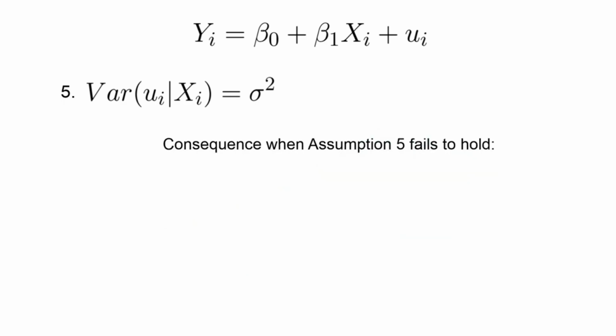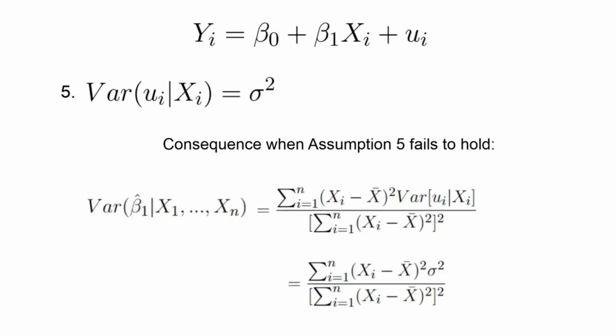Okay, so then let's go over the consequence when this assumption fails to hold. Well, let's first pull up this conditional variance equation from one of the past videos. Note that we have sigma squared here because of our assumption. So if our assumption does not hold, then the conditional variance should be different than the one we have calculated before.